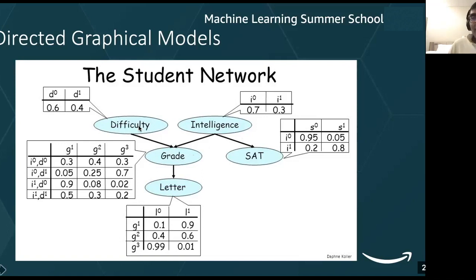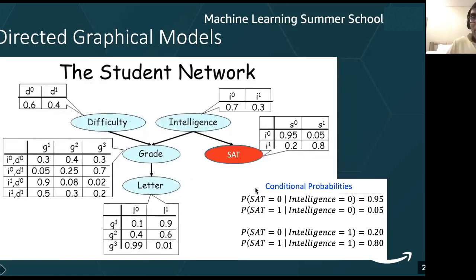Since difficulty does not depend on any other node, it's an independent random variable in that sense, and therefore there is no conditional aspect to difficulty. The same applies for intelligence. There is no other variable or node which influences intelligence, and therefore there is no conditional aspect to intelligence as well.